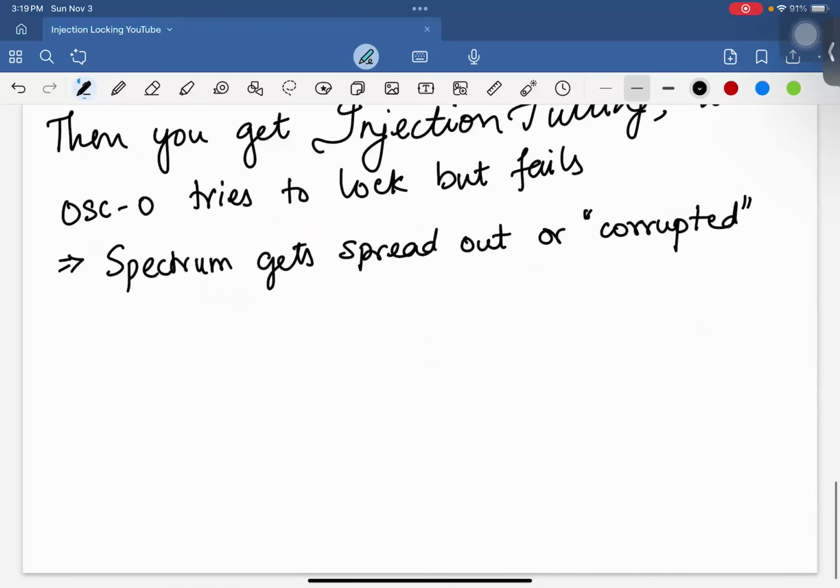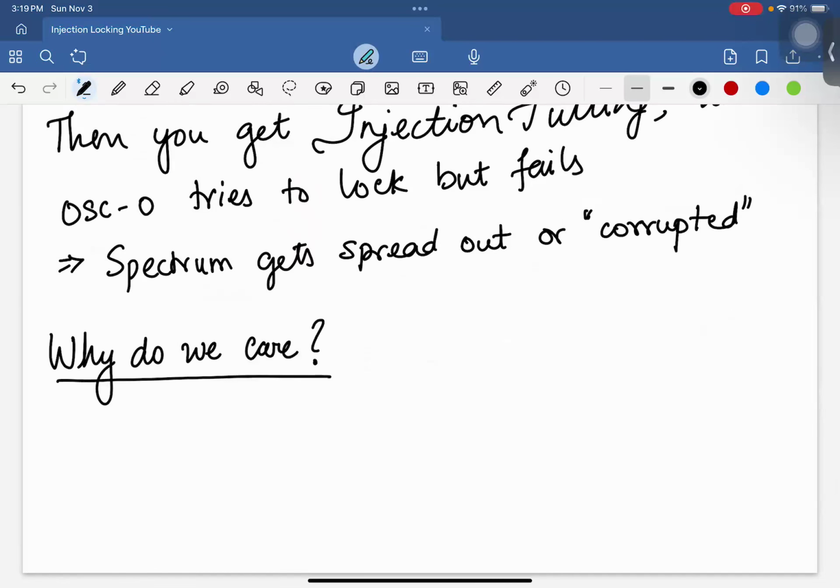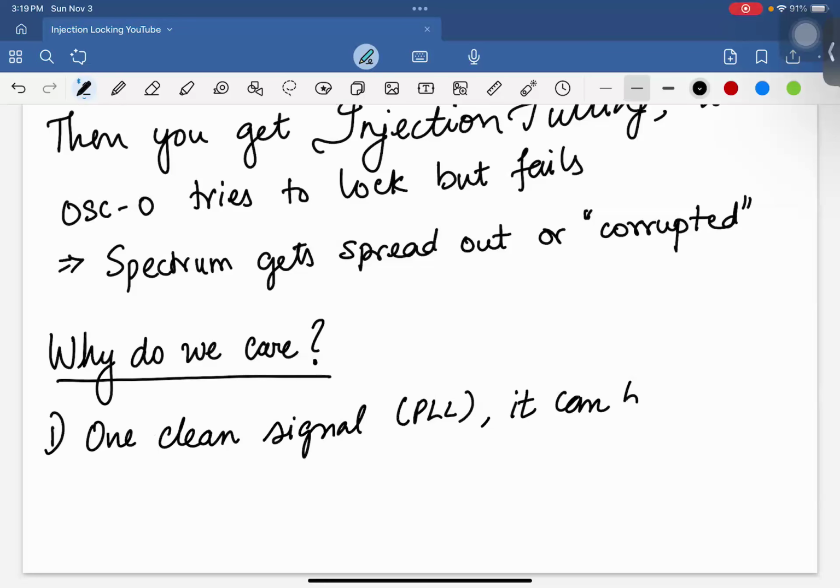So that's an introduction as to what the phenomenon is, but why do we care? So let's talk about that. Why is this important? Injection locking is actually very useful. We will show that if you have one clean signal, let's say from a PLL, it can be easily duplicated.